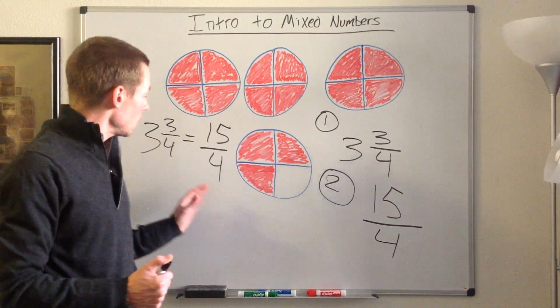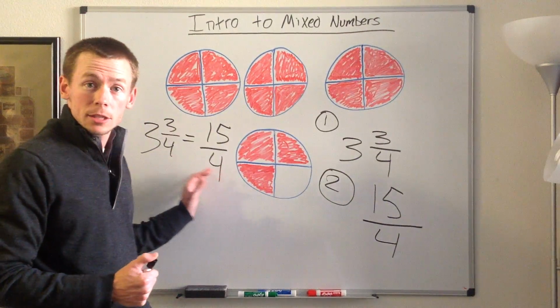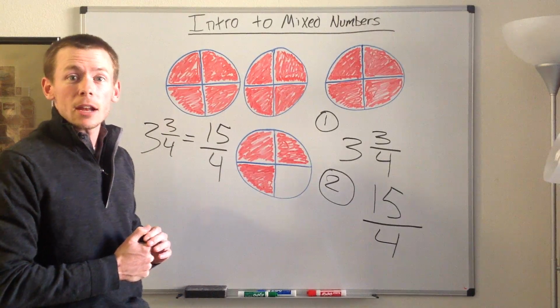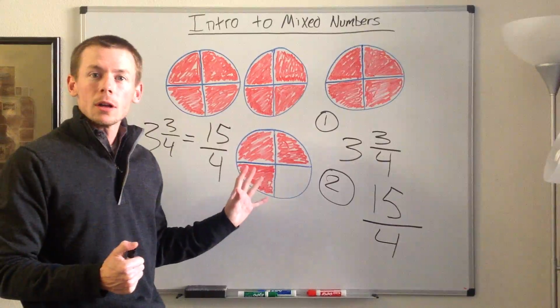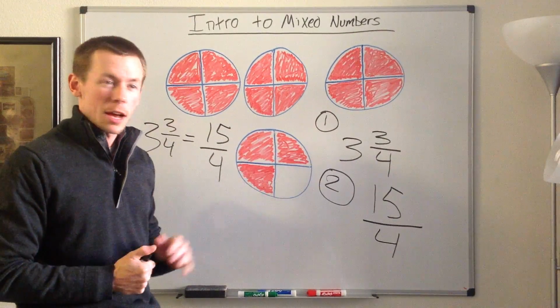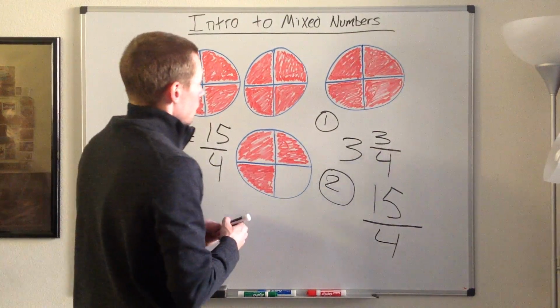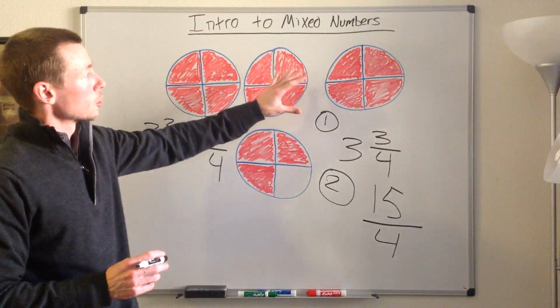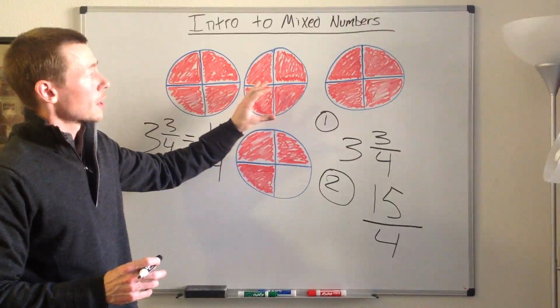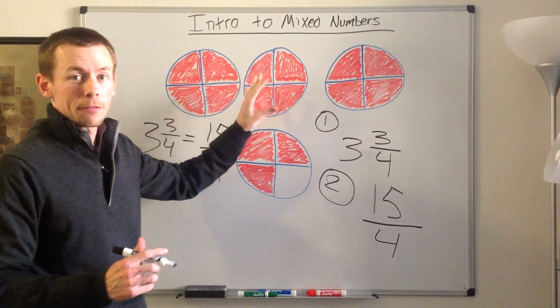So now, depending on which representation we get, we might want to change from one to the other. So let's look at a shortcut way we can do that without having to draw a visualization every time. From the 3 whole circles that are carved into fourths, how many fourths do we get from that?